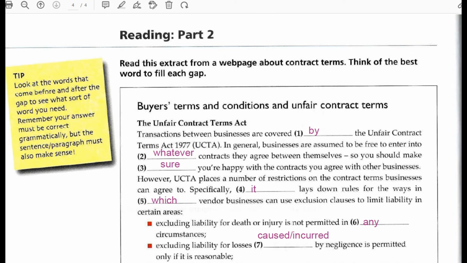Here we do have a reading passage with gaps that we need to fill with the appropriate words or expressions or even prepositions. Our passage, under the title Buyer's Terms and Conditions and Unfair Contract Terms, has the subheading The Unfair Contract Terms Act.